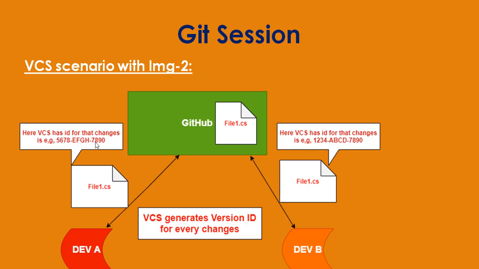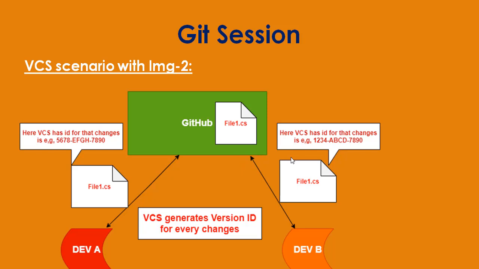The same file1.cs was again changed by dev B, and the VCS ID for their change is 1234-ABCD-7890. So here you can understand the version controlling system has generated a unique version ID for each change made by different developers, that is dev A and dev B, or users.